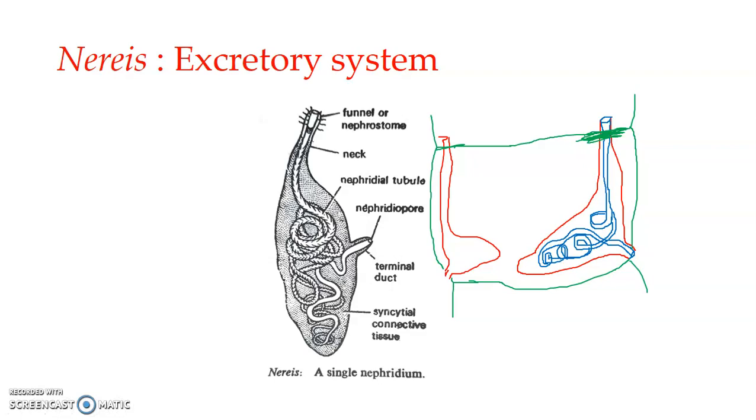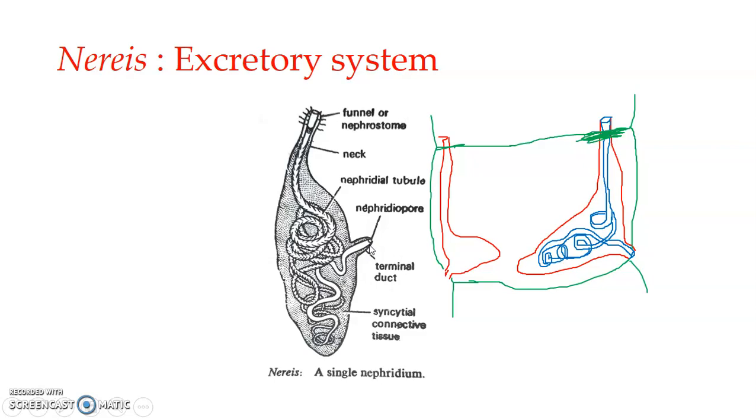When we spoke about the platyhelminthes, we saw they have a protonephridia type. This is metanephridium. Behind the nephrostome, as already mentioned, the nephridial tubule is highly coiled in the body region and finally forms a terminal duct, which opens to the exterior through the nephridiopore. This nephridiopore is usually situated near the base of the ventral cirrus of the parapodium.